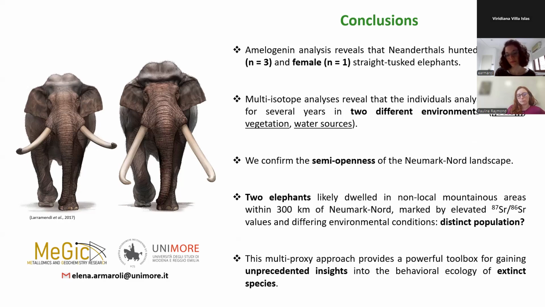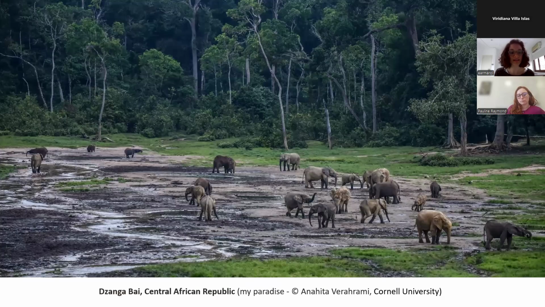And last but not least, I would like to mention that it's also possible to make a comparison with extant species. This is an image of Zanga Bay in Central African Republic. In Central Africa, today there are these clearings in the forest, known locally as bai, which are characterized by the presence of water, mineral sources, and many plant species.